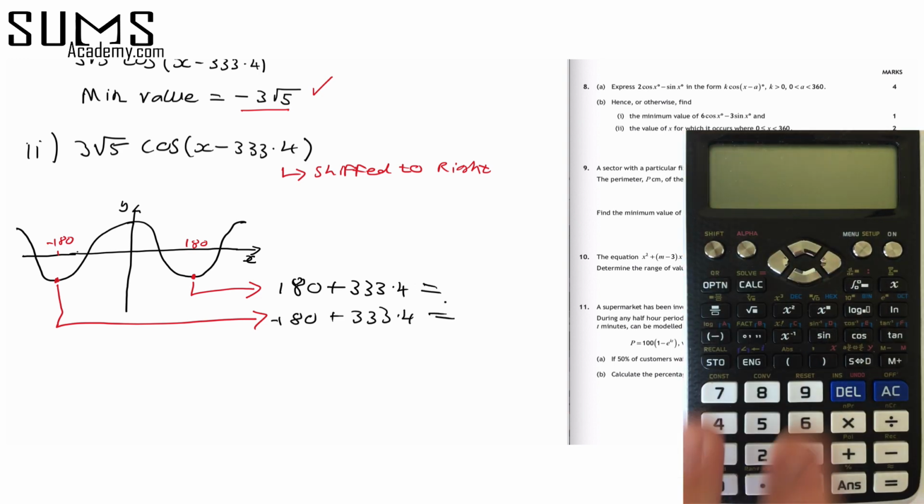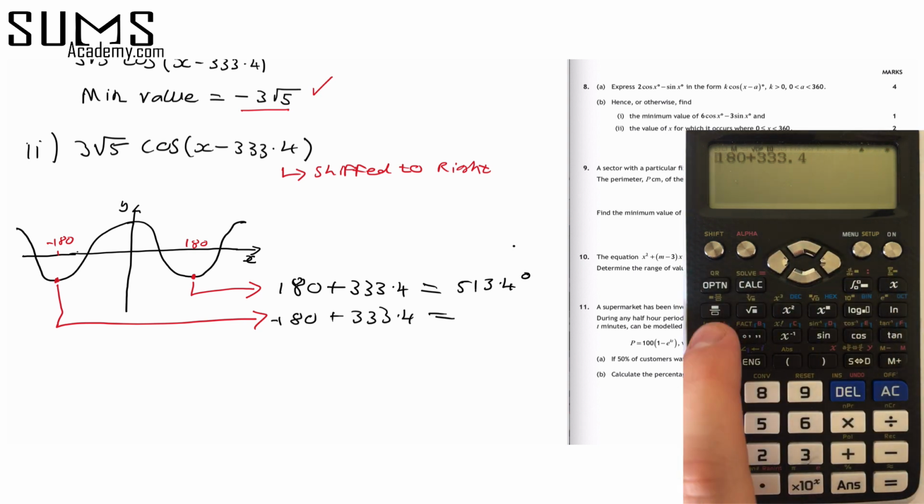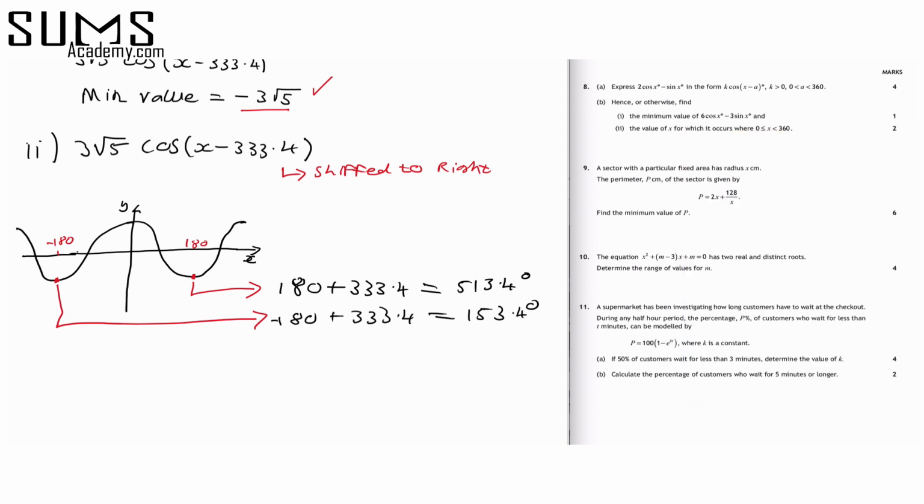Well, I like to use my calculator, so 180 plus 333.4 equals 513.4 degrees. Then minus 180 plus 333.4 equals 153.4 degrees.